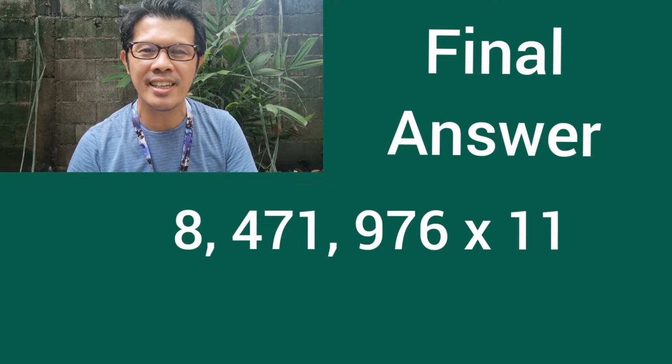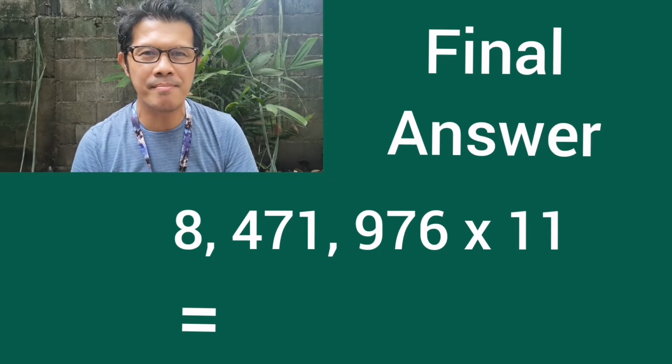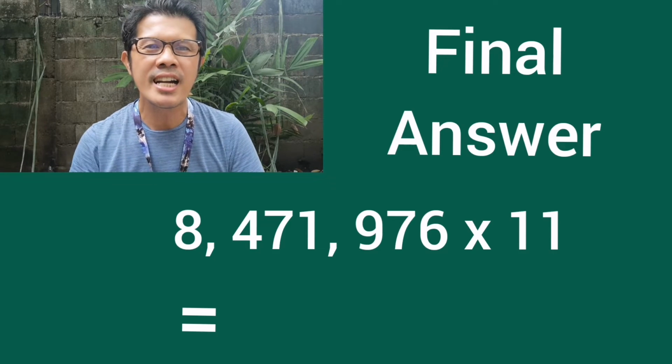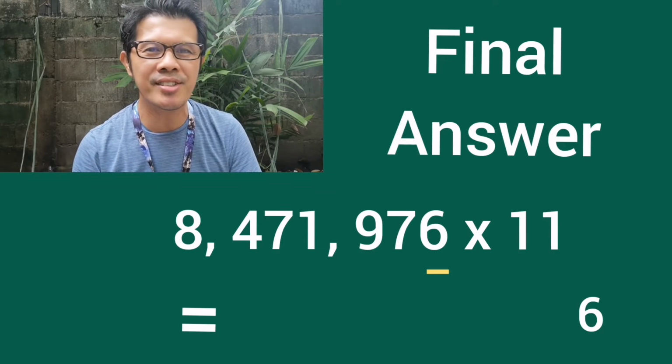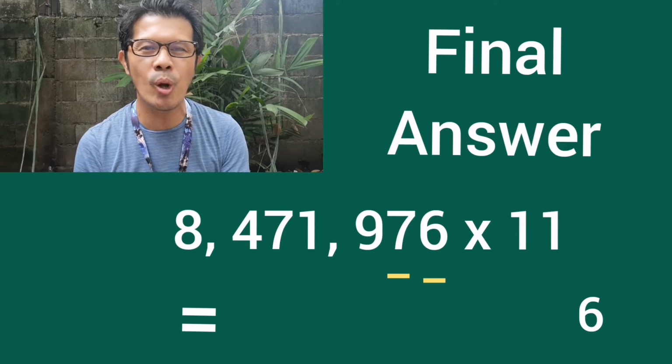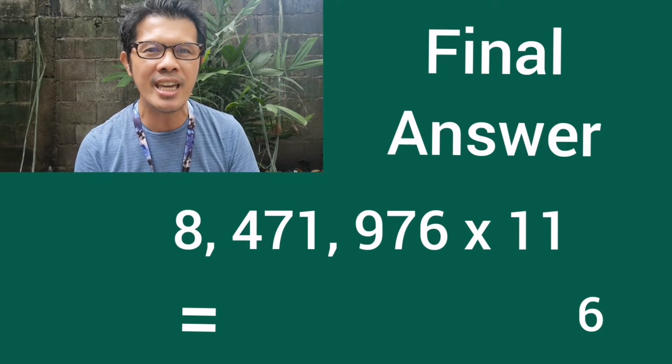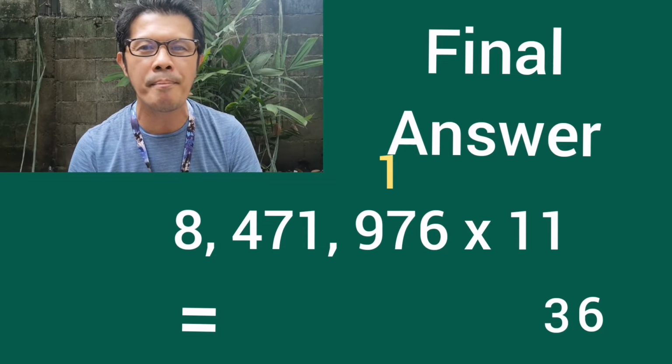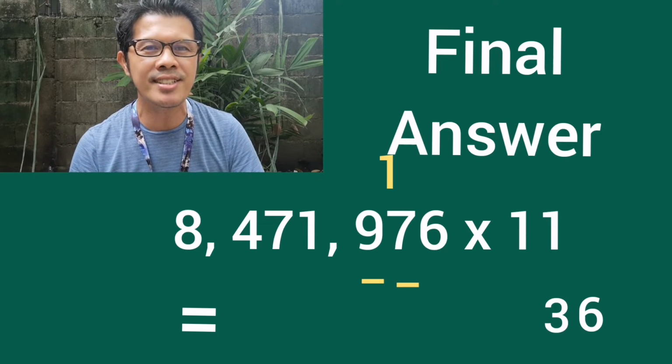And for the last item, 8,471,976 times 11, the product can be obtained by, first, copy 6 as the units digit of the product. Then add 7 and 6, which results to 13. Copy 3, then carry 1 to the sum of 9 and 7, 16, plus 1 is 17.